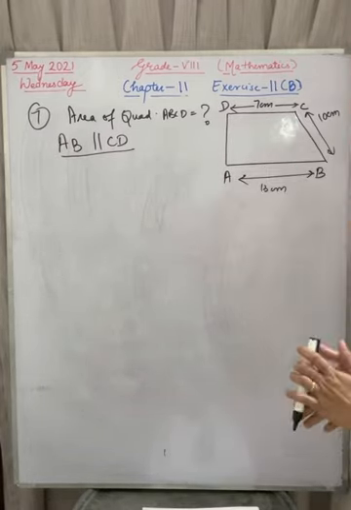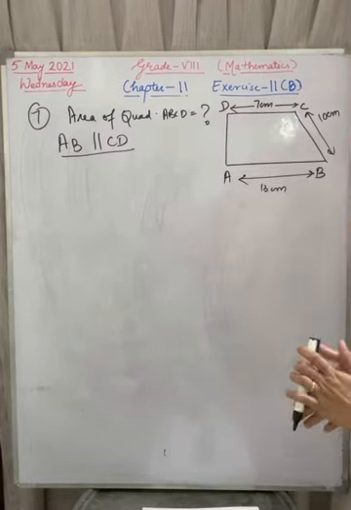Suppose I have the square root of 25. 25 is the square of which number? It is the square of 5. So the answer will be only 5. Square root will be removed automatically. Avika, got it?